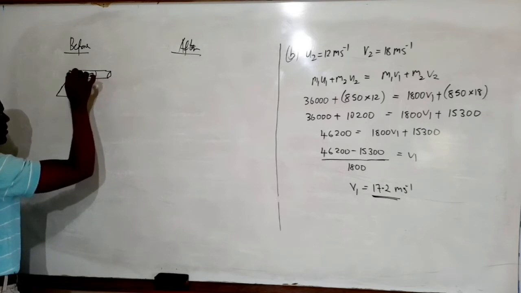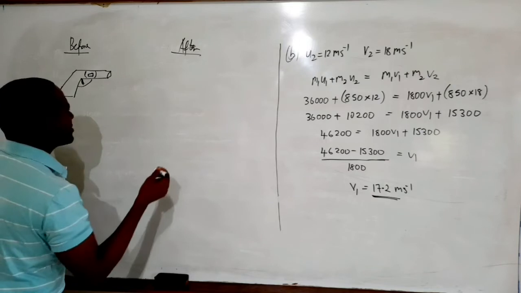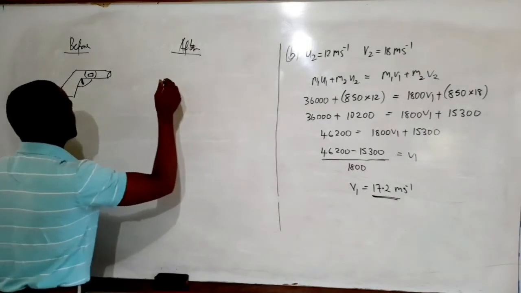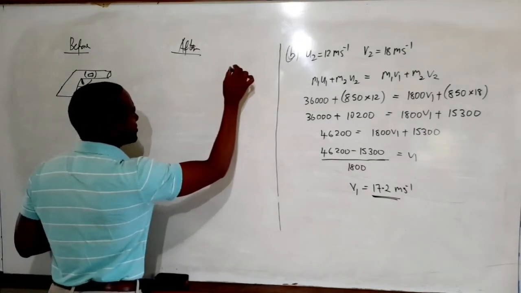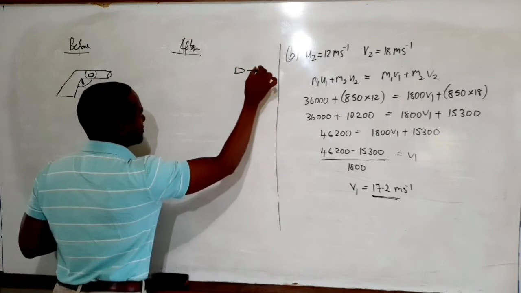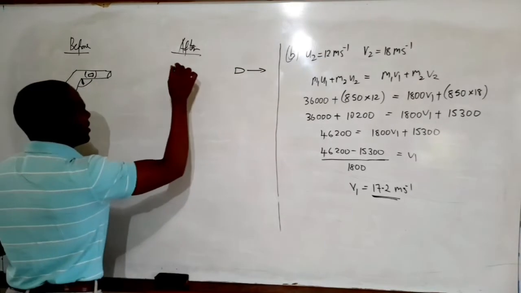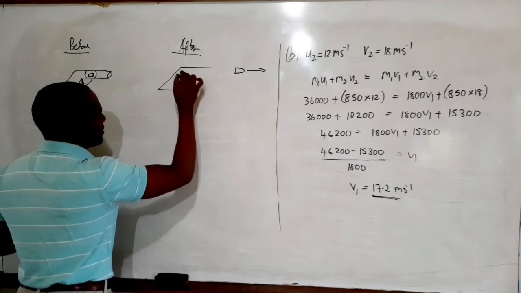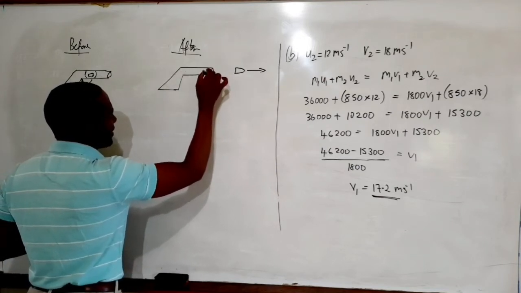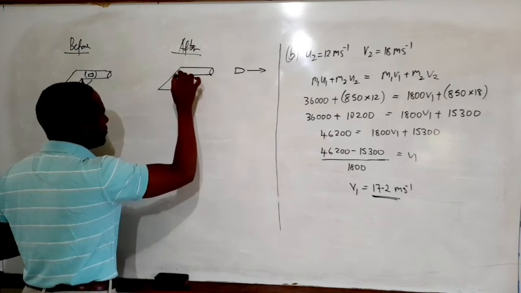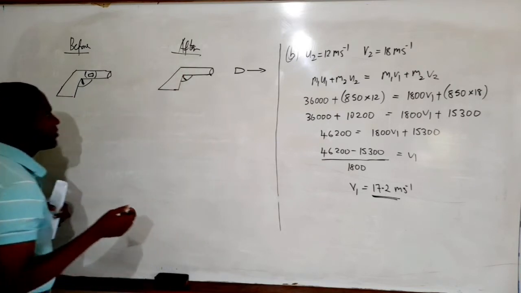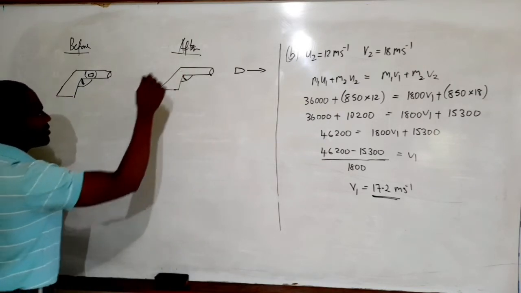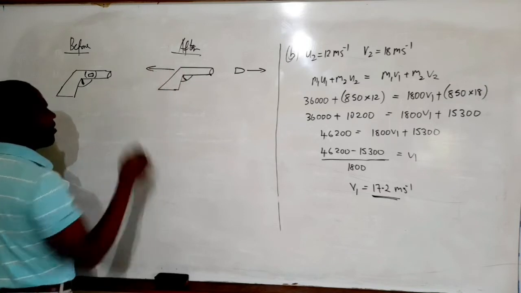After, we have our bullets being fired with a certain velocity, and of course there is going to be a recoil. If you ever fire a gun, then you'll definitely know what the recoil is all about. The recoil basically means that the gun is going to move in the opposite direction.